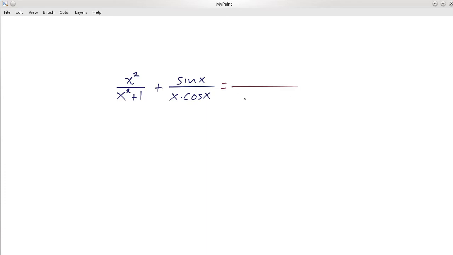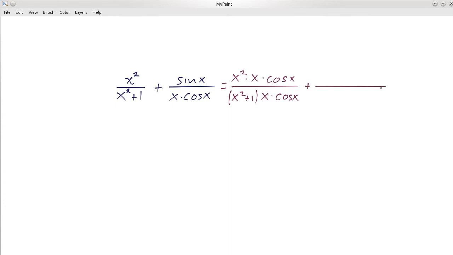So, if I do that, I have the x squared plus 1 from before, and since there's a plus between those two, I'm going to put parentheses around it, and then I multiplied by x and by cosine of x. And in the numerator of this fraction, I still have my x squared from before, but I also have that x from down here and the cosine x. What I'm really doing is multiplying by 1, so I'm not changing the value of the fraction.